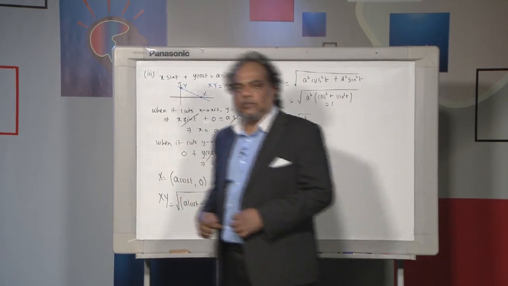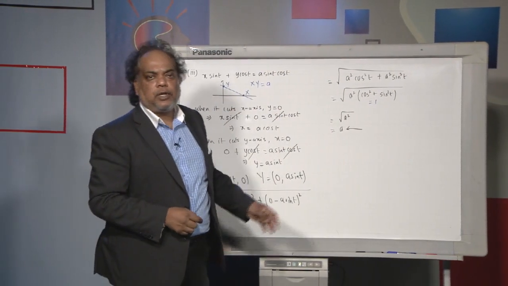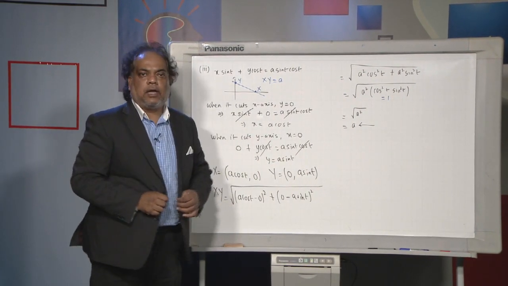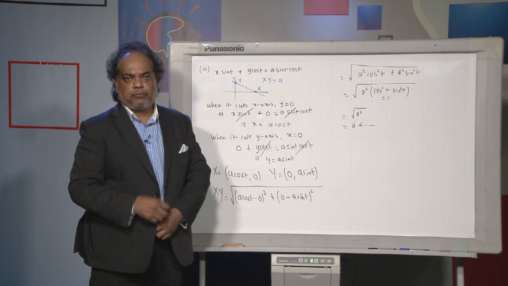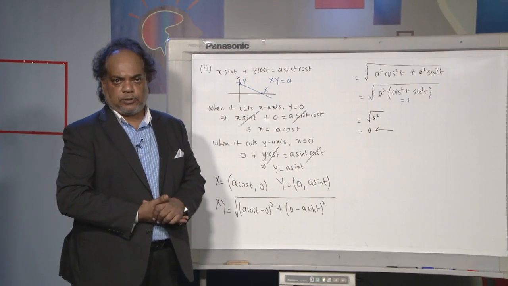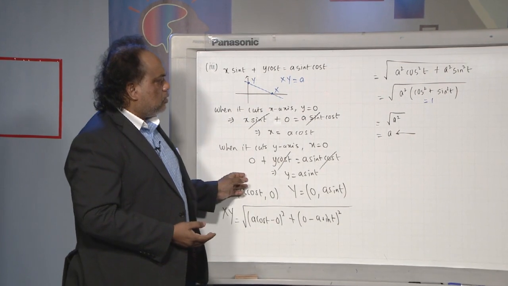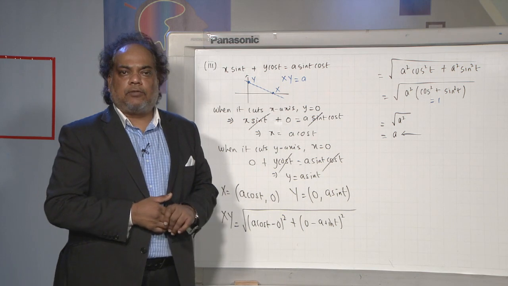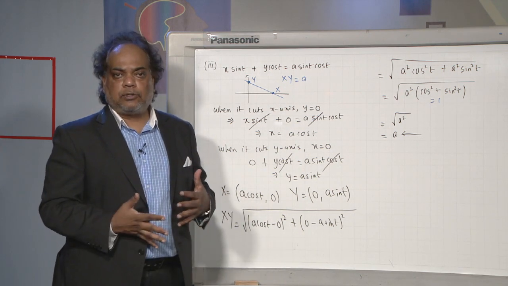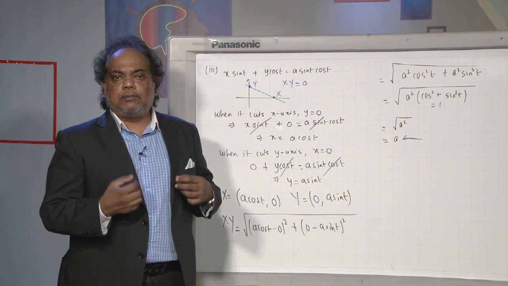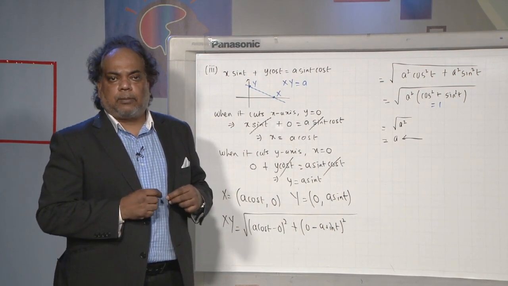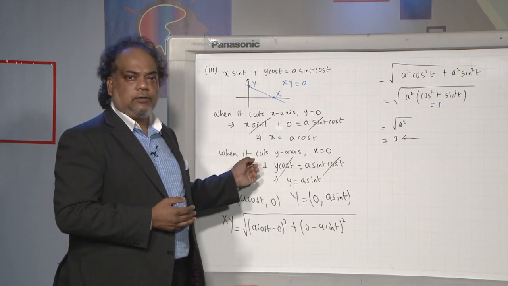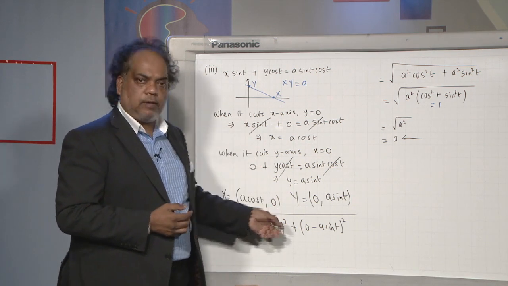So, my dear students, in this chapter, we have looked at implicit and parametric differentiation. Previously, we looked at implicit differentiation. What is important in both chapters is to find dy by dx. You have to be careful while finding dy by dx.